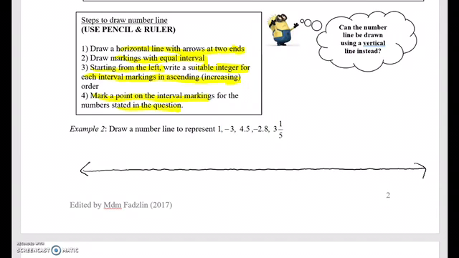Next, we draw markings with equal interval. It will be good if you can use your ruler markings so that each spacing for each interval is equal. Since I do not have a ruler, I am estimating it.